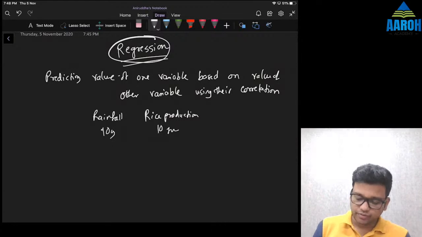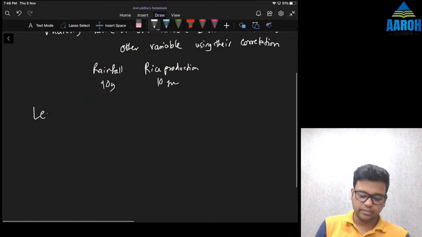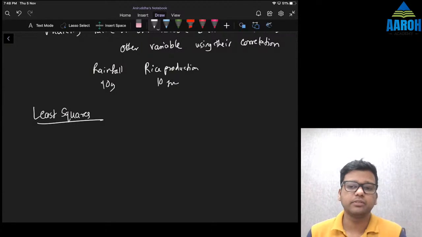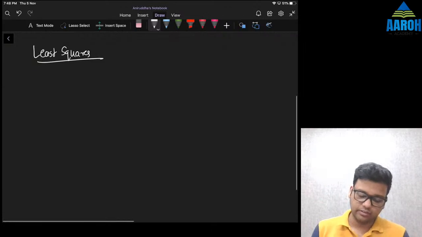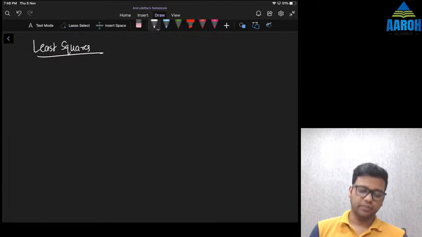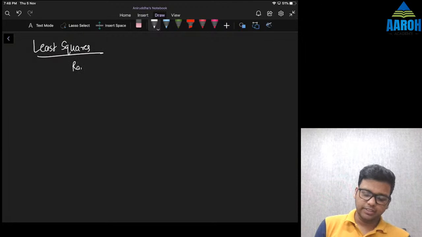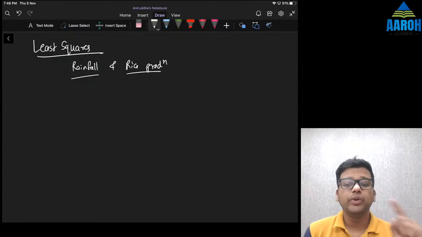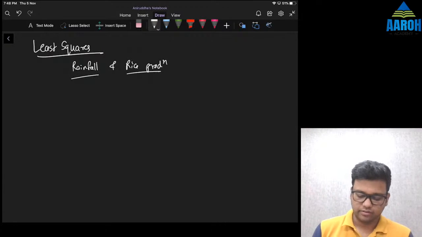The method that we use for regression is called the least squares method. Let's see why it is called that, and then let's see the formula. First of all, let's say we have two variables, rainfall and rice production. Can you tell me which one is dependent on which one?